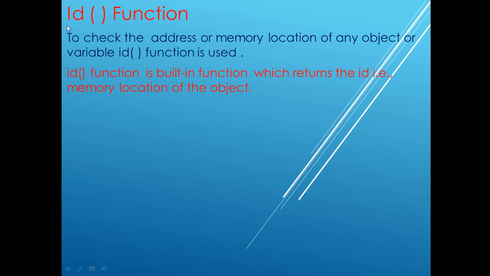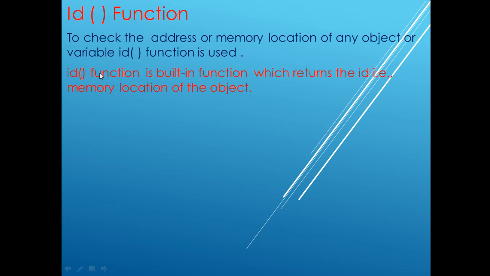The identity operators is as well as is not work upon the memory location. So you should know how to check the address of the memory location. To check the address or memory location of any object or variable, the id function is used.